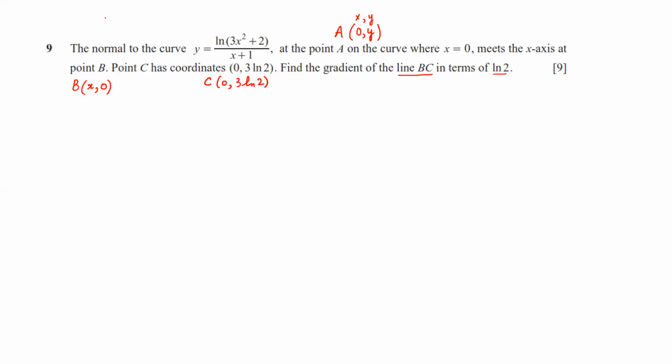First of all, let's try to find the gradient of that normal and see how it goes. Step 1: we are given the curve y is equal to ln of (3x square plus 2) over (x plus 1).